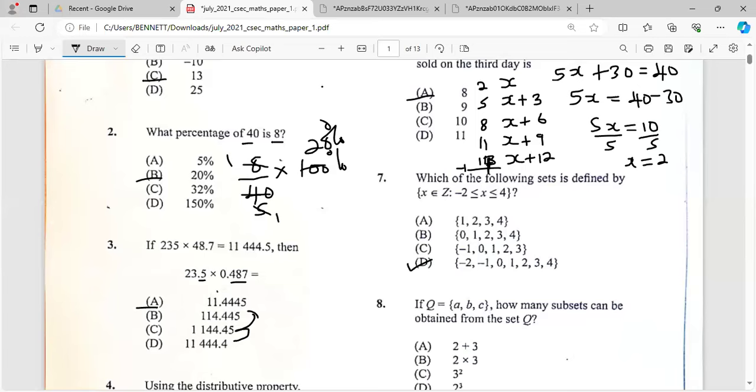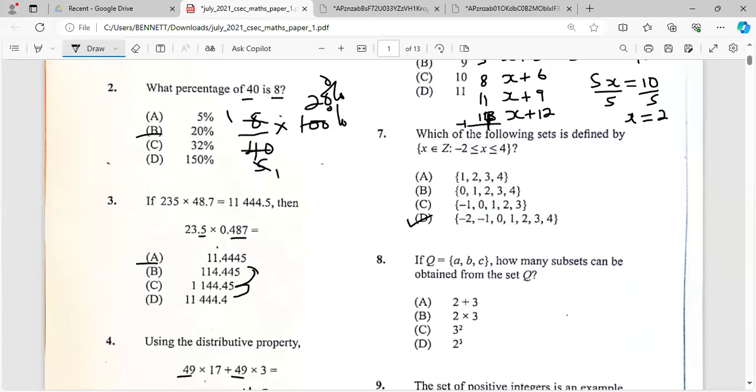All right, number 8 says, if A is equal to {A, B, C}, how many subsets can be obtained from the set? If you don't remember the formula, which is 2 to the 3, you could literally do the combinations, since there are only 3 elements. So ABC, that will be the first one.